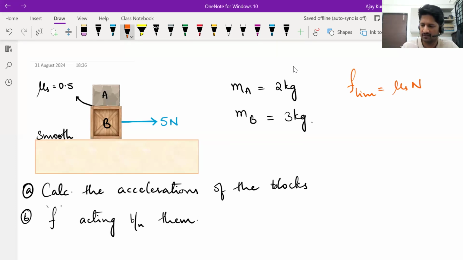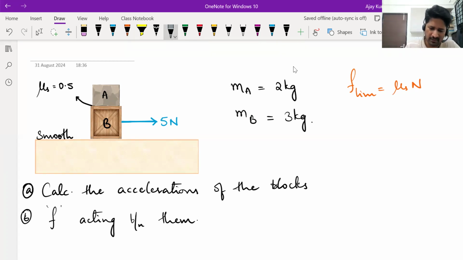Is this what you are using? Yes, sir. Okay, in this formula, mu s is the coefficient of static friction, N is the normal force. Which normal force are you taking? Where is the normal force 30, you tell me? Oh, sir, the mu s is between the A block and B, not the ground.